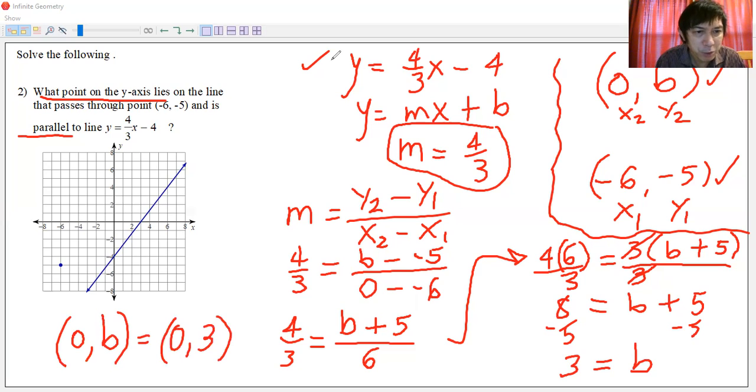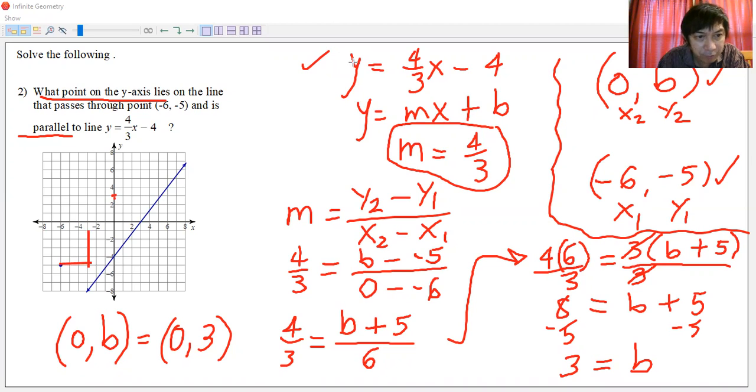And so this point must be somewhere here. Okay, it must be somewhere here. There, (0, 3). And if you want to solve this graphically, then you can draw a straight line here, and you can use here the slope 4 and then 3, like that.